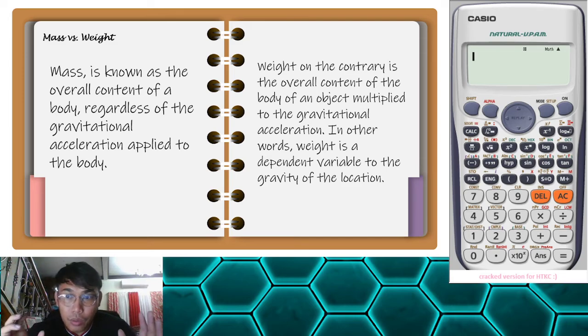Gravity will enter the conversation because you cannot say that your weight is 55 kilograms, because that is your mass. Weight is 55 kilograms multiplied by the gravitational acceleration. So this is the example for our mass and weight.